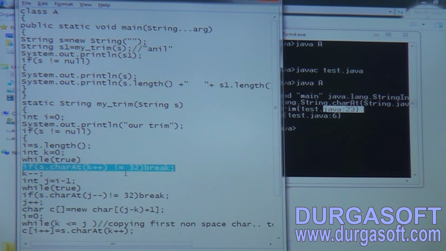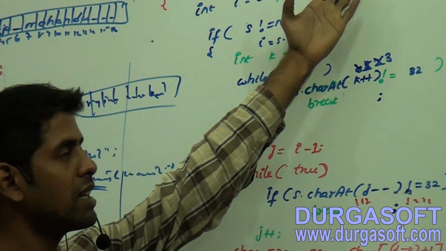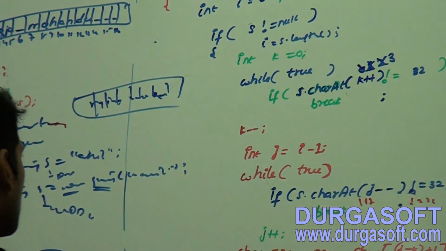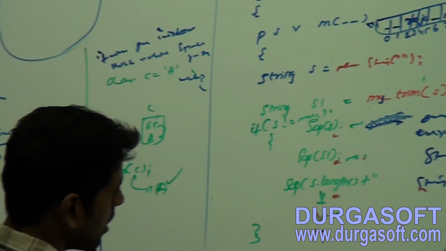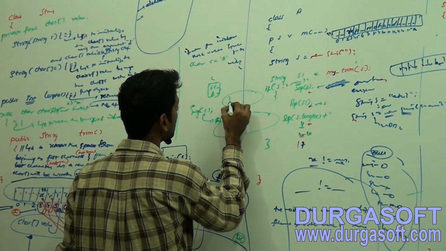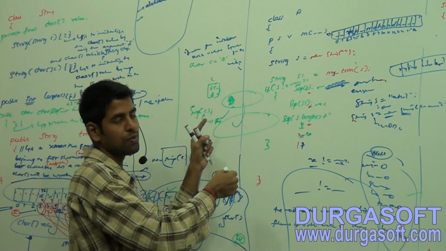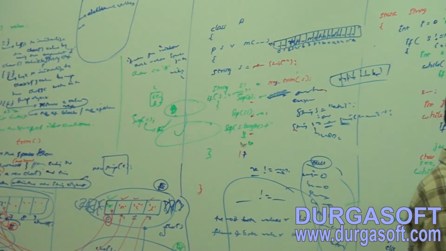Okay, my analysis has been wrong. Here itself it's going wrong. k equal to 0. s data is what? Nothing, right? Having no blocks. I have created the string object which is having a char array with no blocks, right? No 0 index here. That's why it is giving string index out of bounds exception.